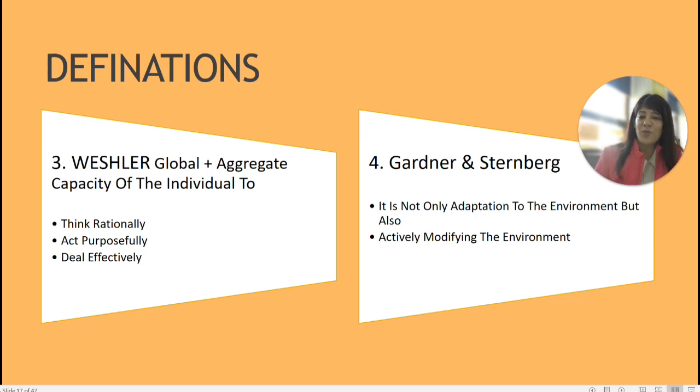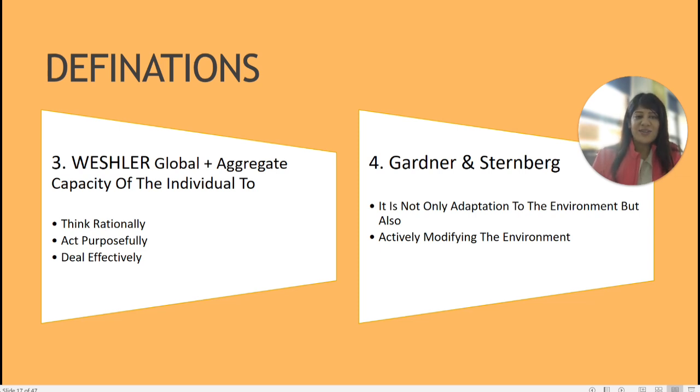Sometimes most of our actions can land us in trouble and we cringe upon why we behave the way we behave. So intelligent individuals usually act very purposefully. And yes, of course, they have the knack of dealing very effectively, very fluently and crisply with whatever it is that they need to tend with. Okay, so that is the definition given by Wechsler. Again, please underline these keywords very carefully and learn them exactly as they are.